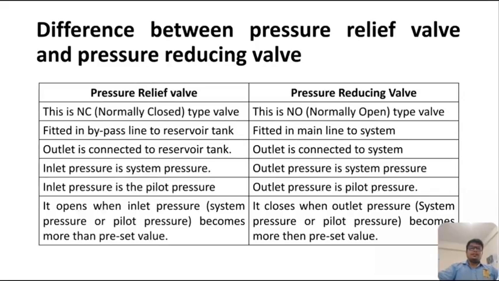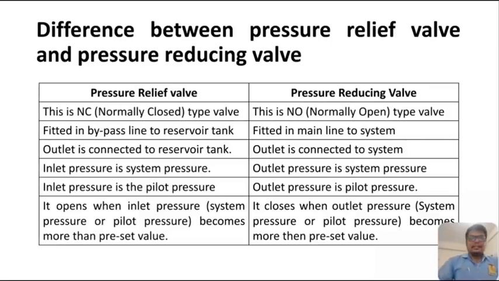The first difference: the pressure relief valves are normally closed type valves, but on the other end, the pressure reducing valves are generally normally open type valves. NC here is not for numerically controlled, but for normally closed, and NO is for normally open.